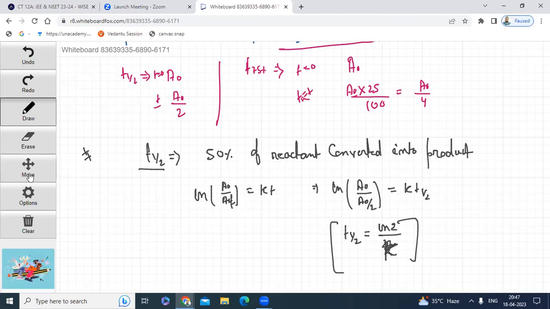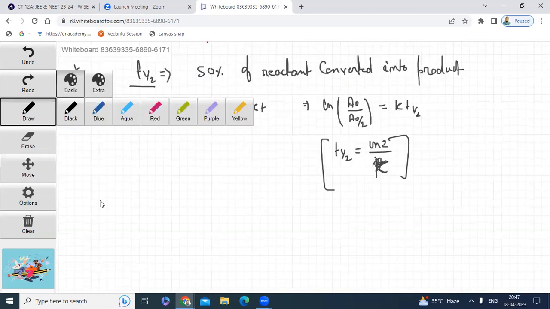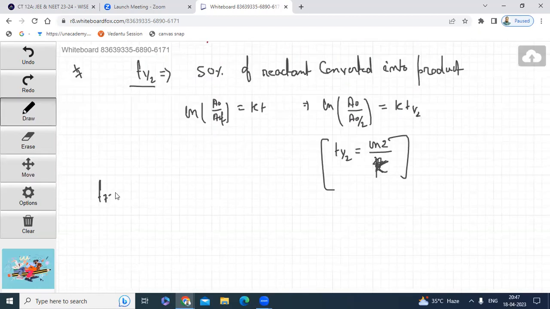After that, suppose I am calculating for T75%. What do you mean by T75%? T75% means that 75% is completed and 25% will be remaining. This value will be A naught.